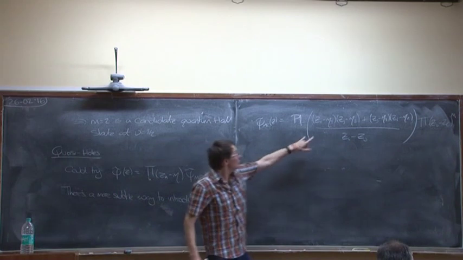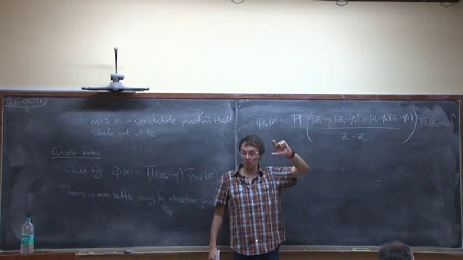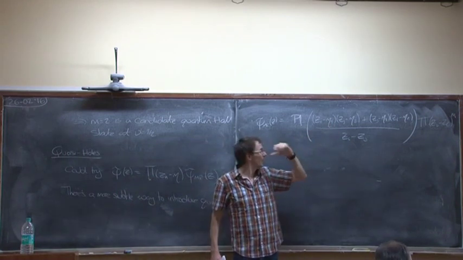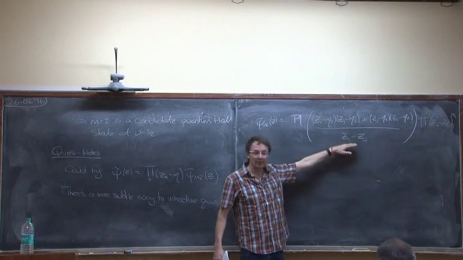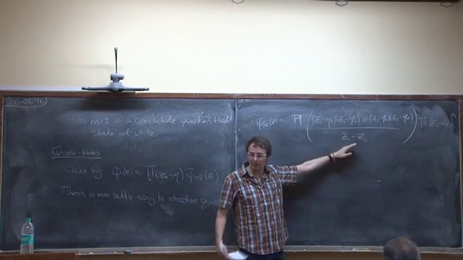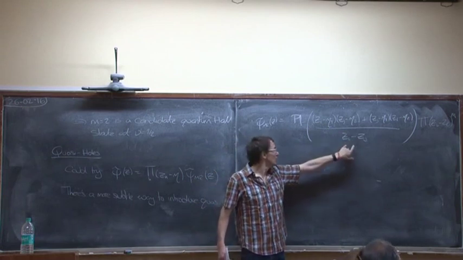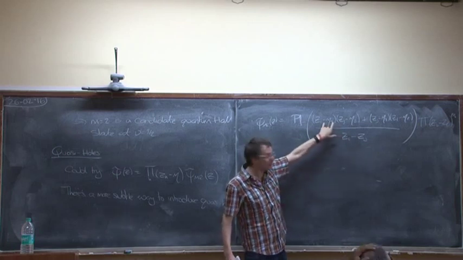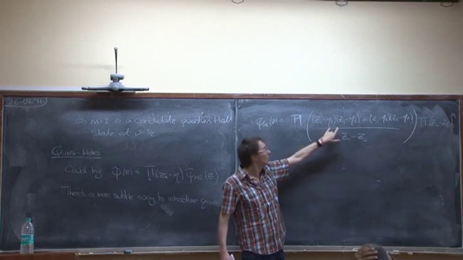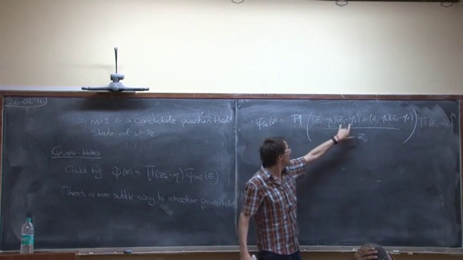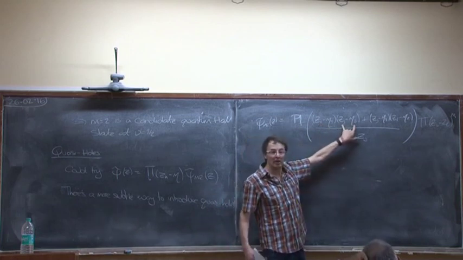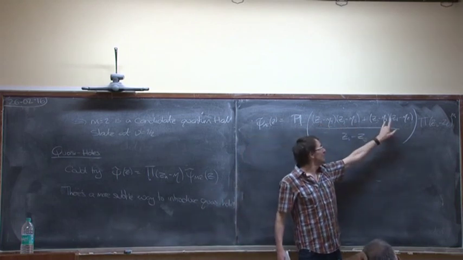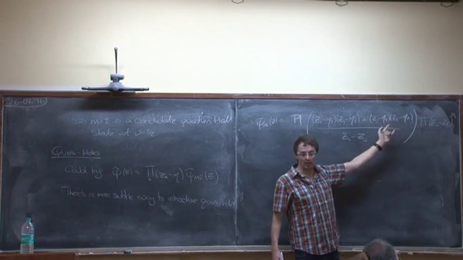So what have I done? I've introduced two quasi-hole positions, eta1 and eta2. The argument of the vacuum has to be antisymmetric. The Pfaffian only makes sense for an antisymmetric matrix. So it's antisymmetric on the bottom, which means whatever's on the top has to be symmetric. So I had a z_i minus eta1 and a z_j minus eta2. And then I'm obliged to add the other term with z_j and z_i.